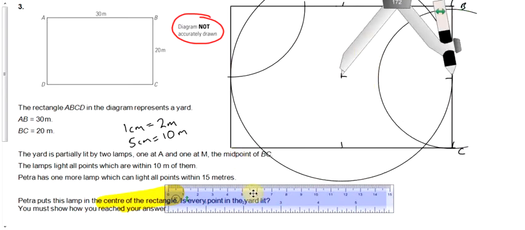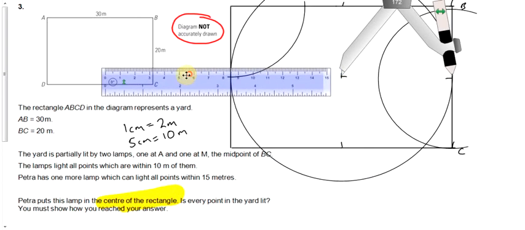So that's everything. Is every point in the yard lit?